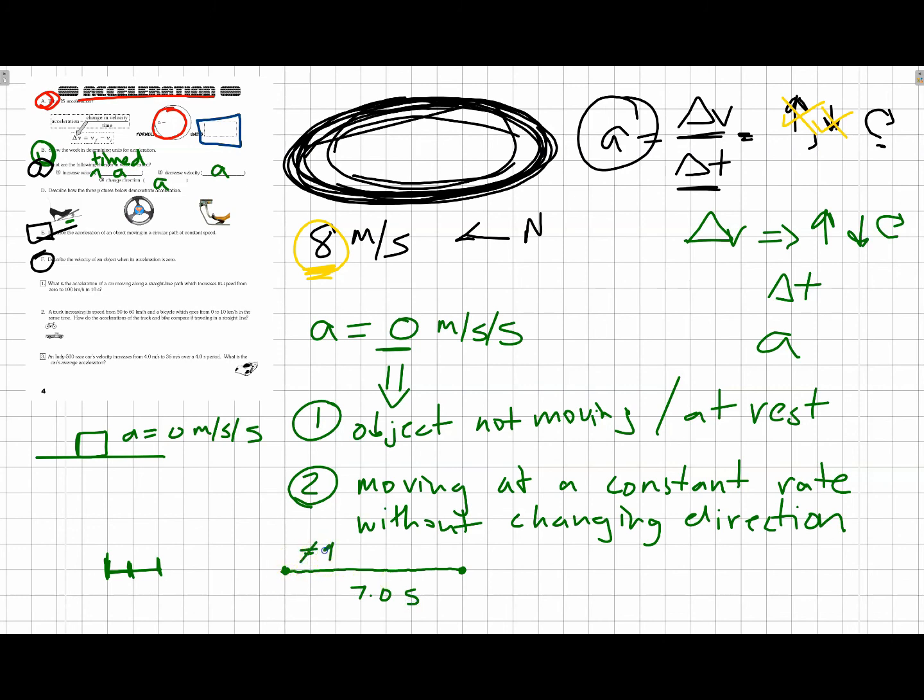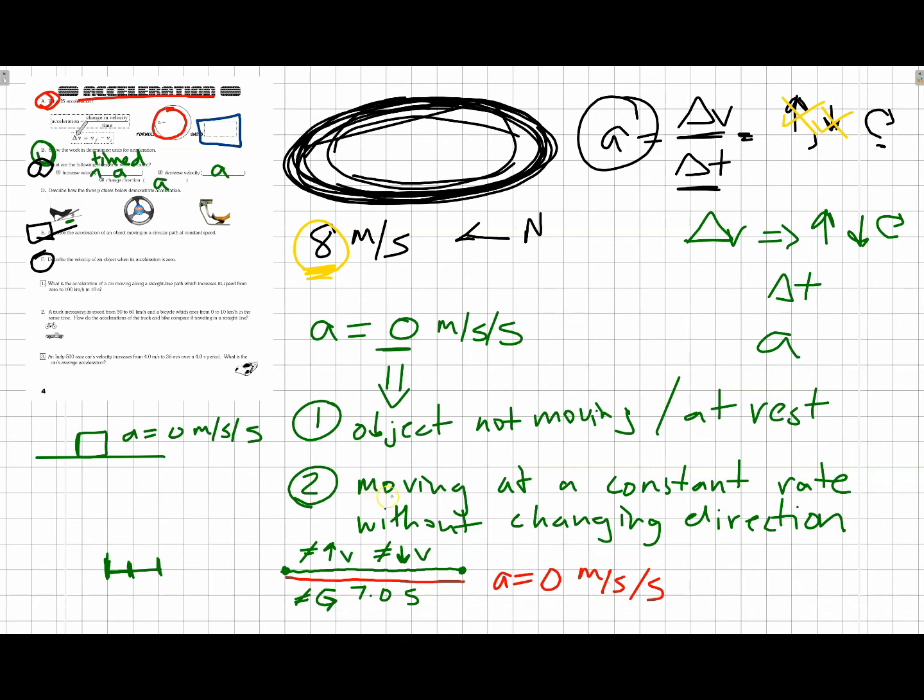I did not increase my velocity. I did not decrease my velocity. Nor did I change direction. So that means there is no acceleration. Yet there was movement. I was moving, but I was moving at a constant velocity.